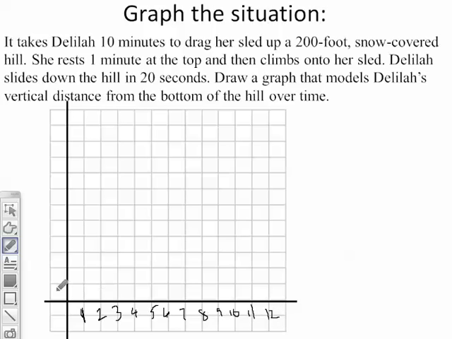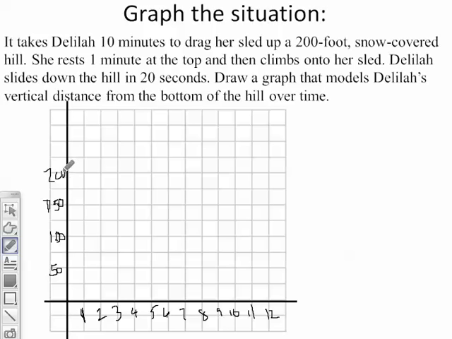Okay? And it's a 200-foot hill, so I don't want to really put a lot of time into making a graph here. So 50, 100, 150. No, that's not 750. That's 150. Okay? And 200.